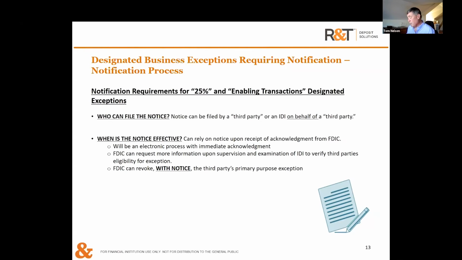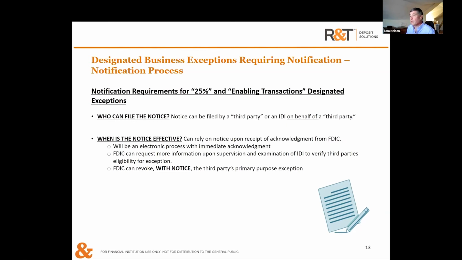So there will be an electronic process that has not yet been set up, that will be set up by April 1st is the expectation, where one of these entities can go in, provide the appropriate information, and they will get immediate acknowledgement from the FDIC that they have qualified for the primary purpose exemption.